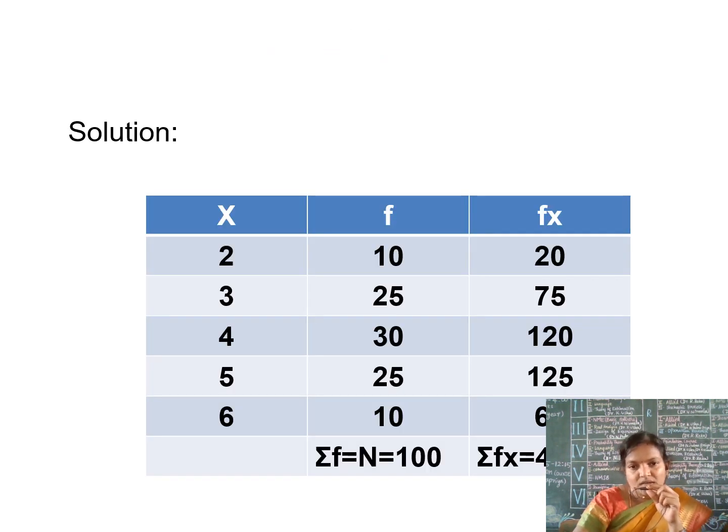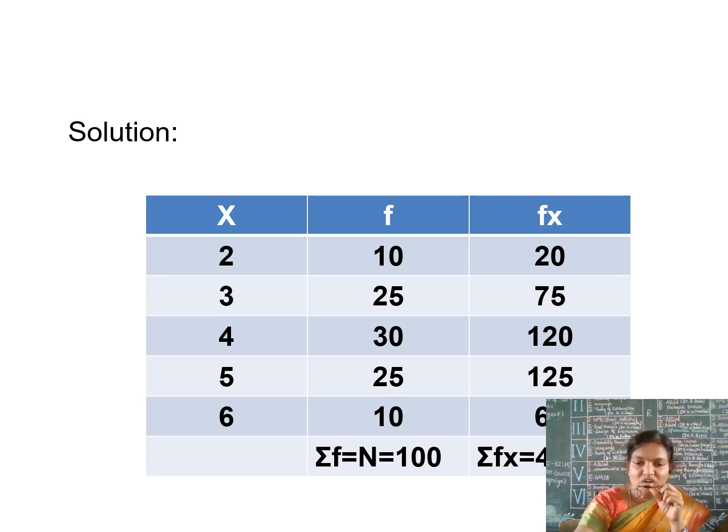First you should arrange the values column wise. In our question, the values are given row wise. In the solution part, you should write the values column wise, and the third column is obtained by multiplying the X and F values. The first two columns are available in our question.